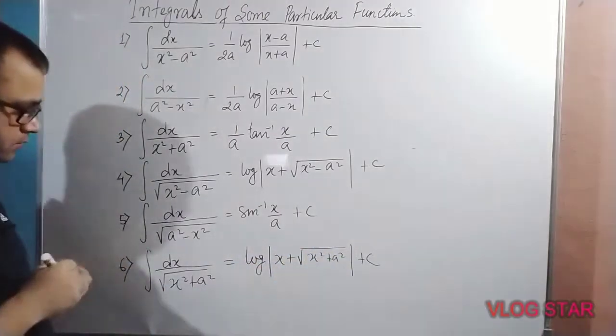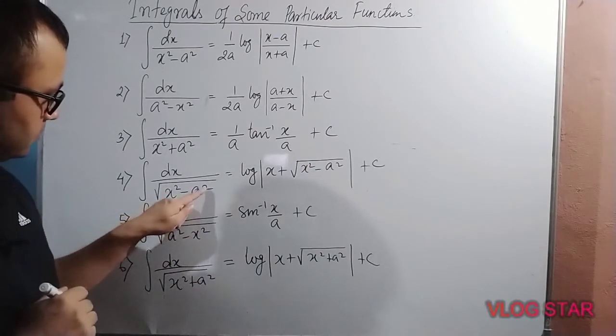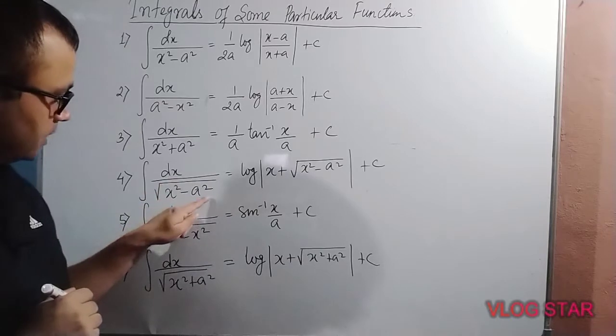Okay. Now here it is x square minus a square.